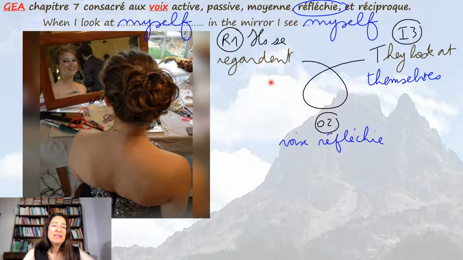Now, this French sentence, il se regarde, may be understood in a different way. We can also understand it as a reciprocal voice sentence.